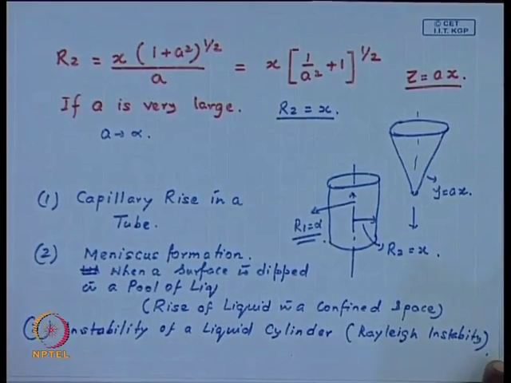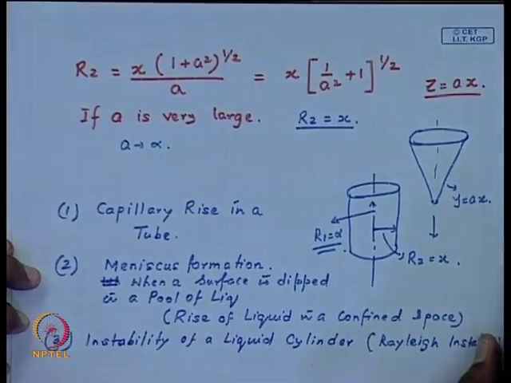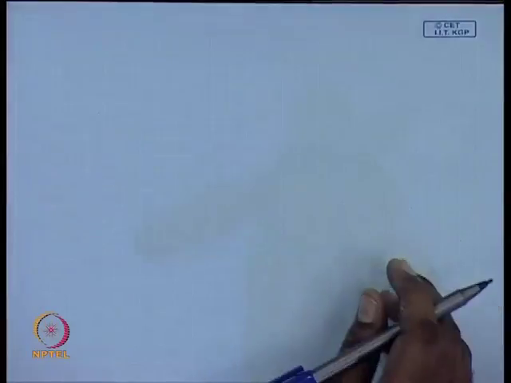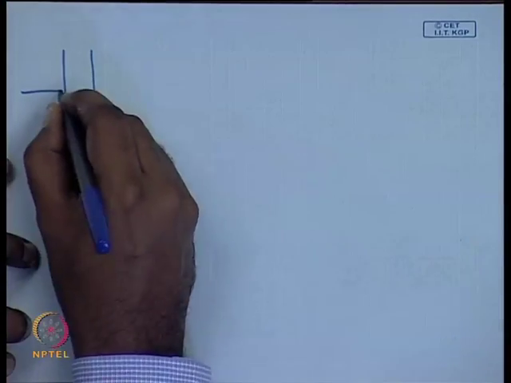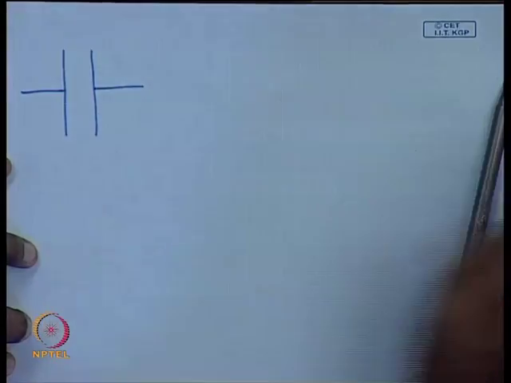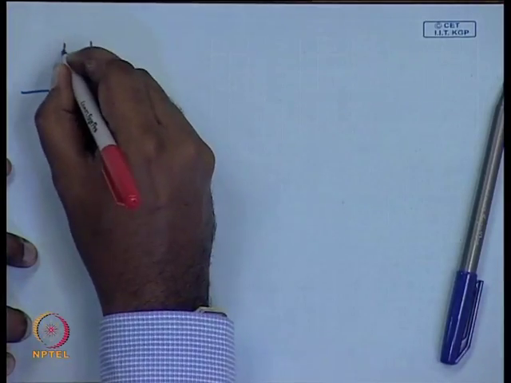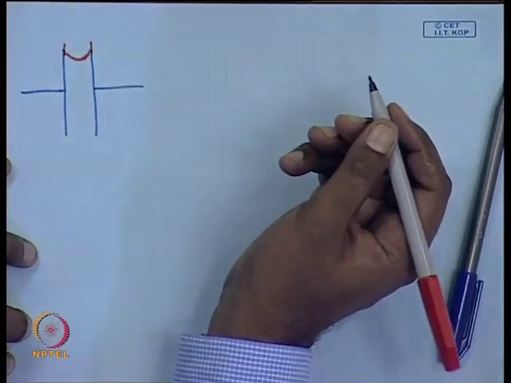So, before we start looking into the mathematical details of each of the settings, let us have a quick look at what are the scenarios we are talking about. Capillary rise, we all know that you take a very narrow tube, you dip it, in some cases you see a rise of the liquid meniscus.